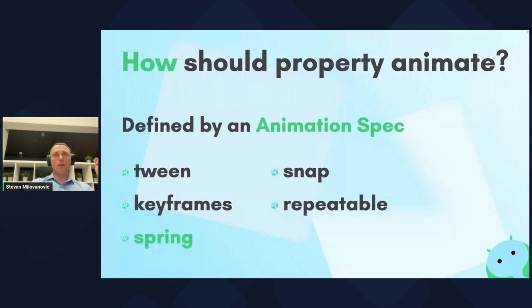Okay, so we answered also the second question, when we can animate our property. So there is only one more question, and that's how should we animate our property? And that's defined by an animation spec. That's the concept I already mentioned. And here we have the currently supported animation specs.